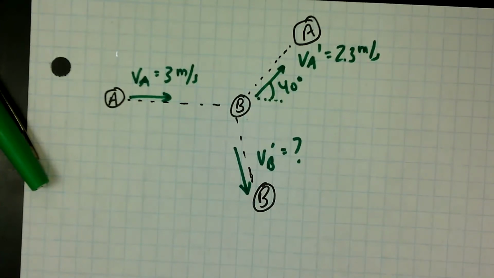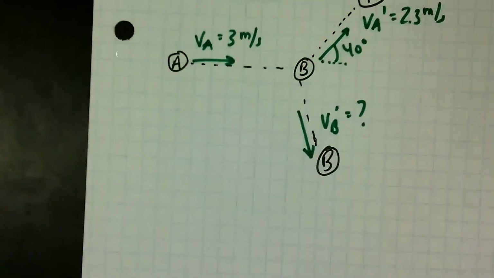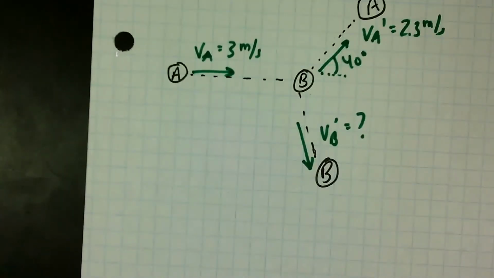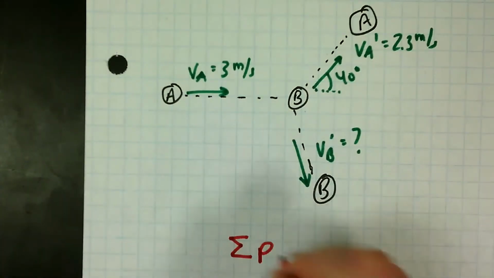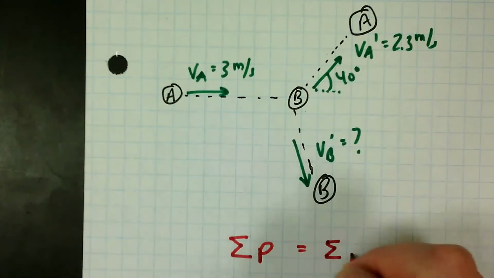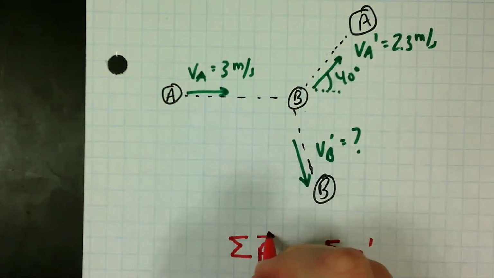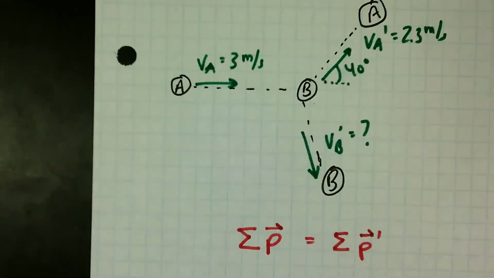So what's happening here is we are conserving momentum. That's all that's happening here. But the difference is that since we're in two dimensions, we're conserving momentum vectors.